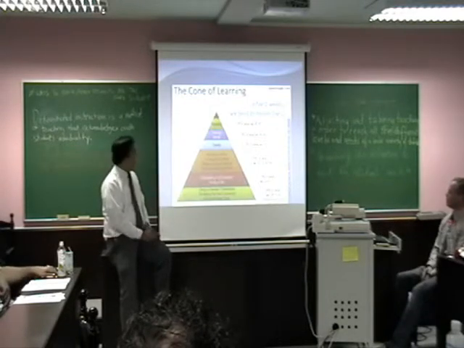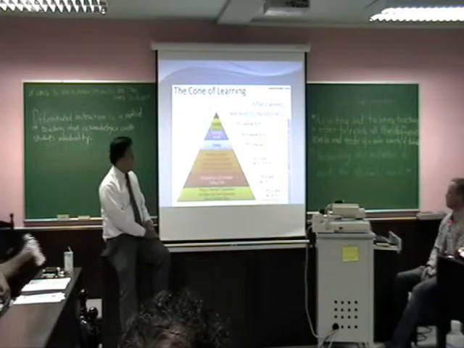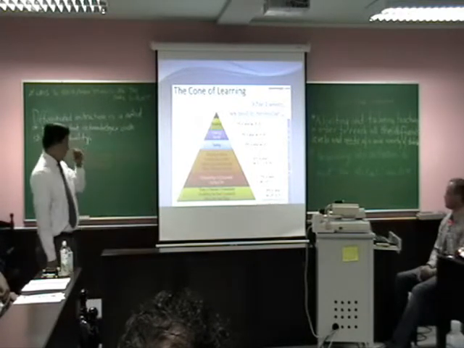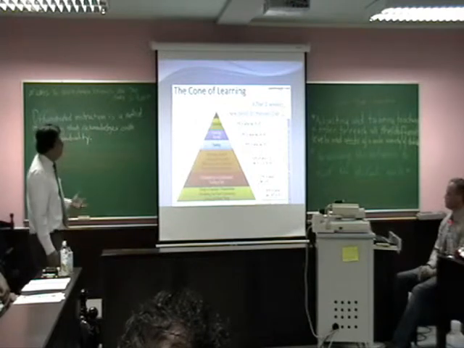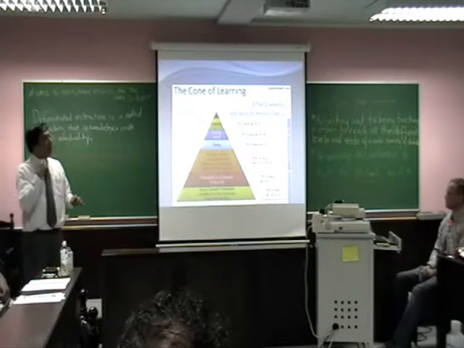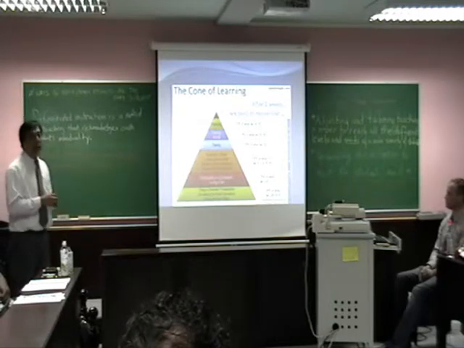The co-op learning. Why do we have the co-op learning here in differentiated instruction? As we can see, the co-op learning involves reading, hearing words, seeing, watching a movie. So we're using all the sensory channels in co-op learning.